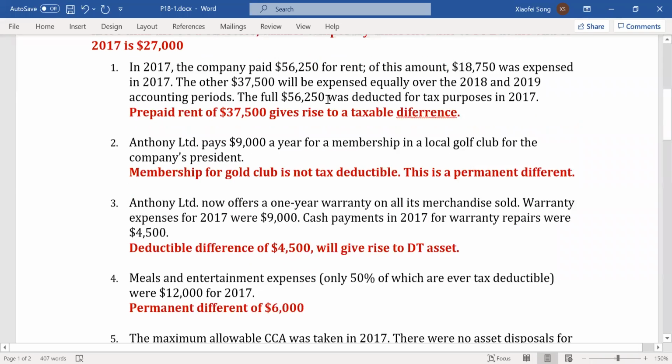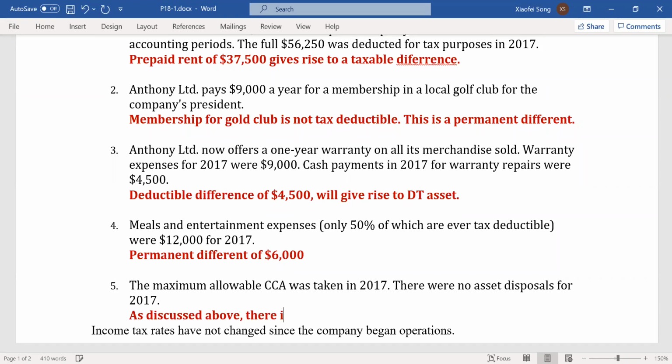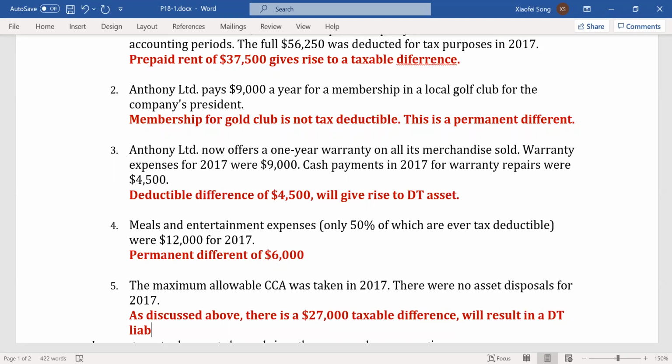Yeah, we already did that. As discussed above, there is a 27,000 taxable difference, which will result in a deferred tax liability. Okay, so now I think that's all.